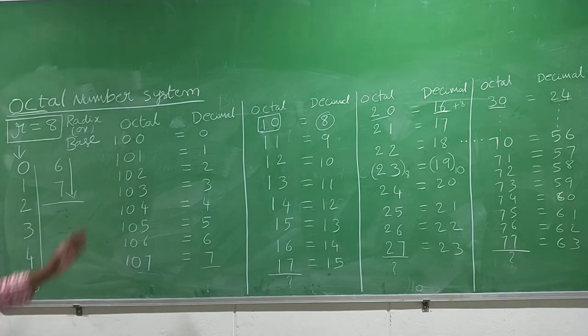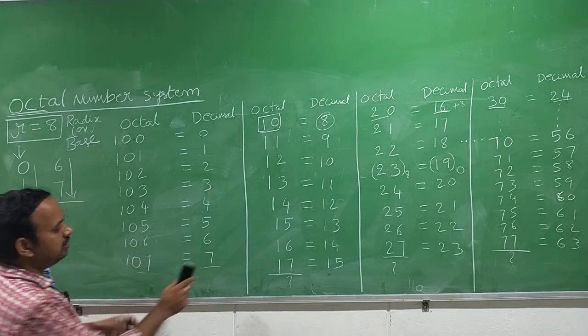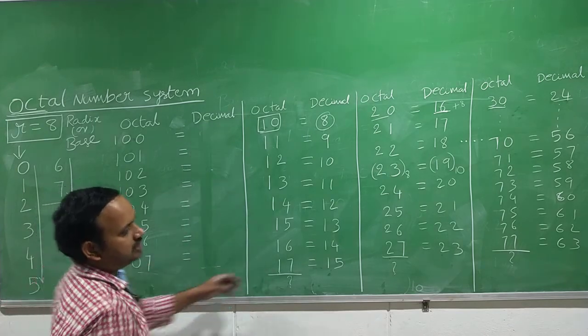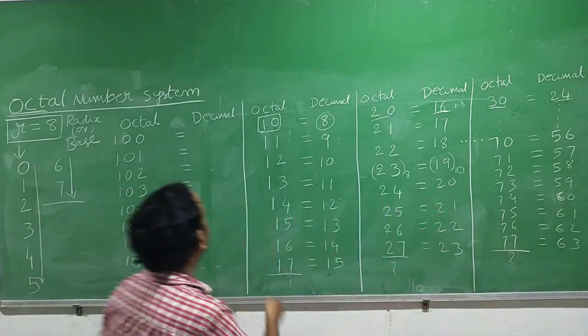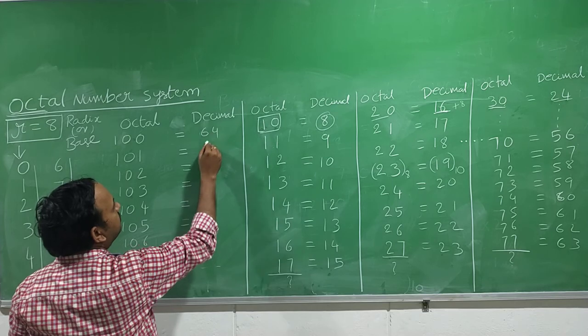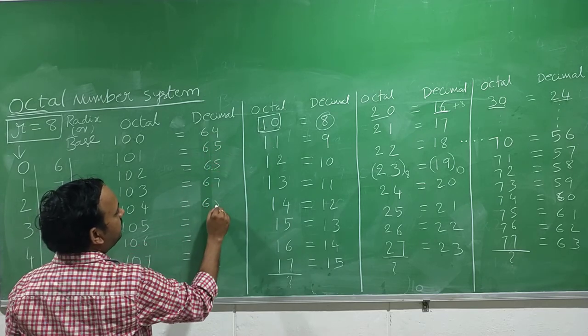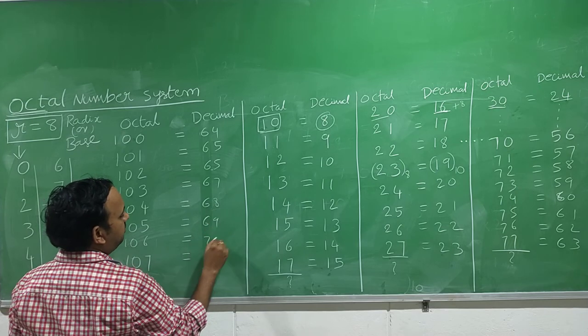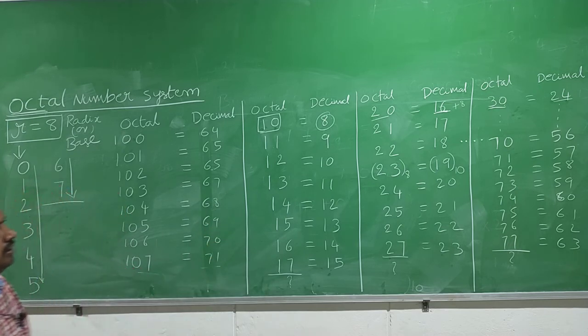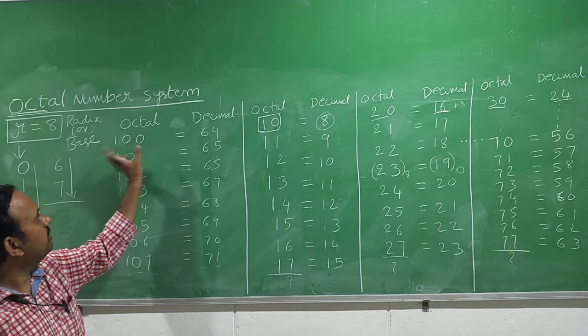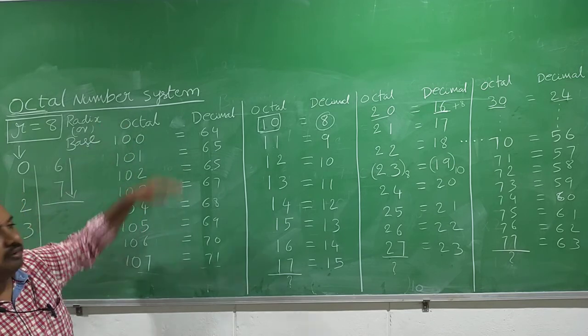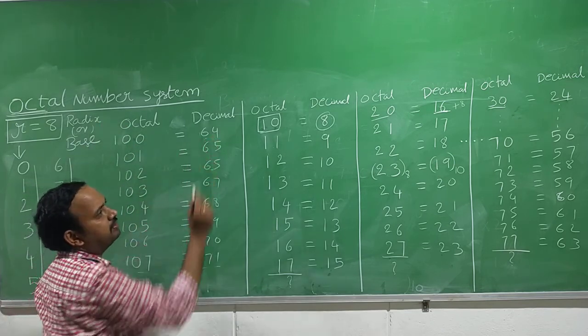So likewise in the octal number system, after 63, this is equivalent to 64, 65, 66, 67, 68, 69, 70, 71. So you are repeating the octal number system the 8th time. That means 8 into 8, 64 you will get.